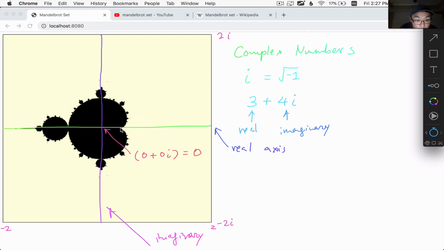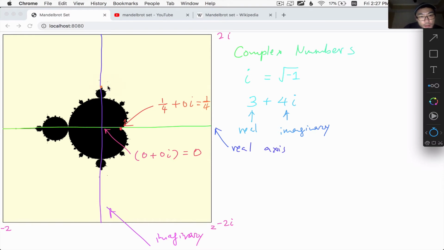Okay, let me give you a couple of other examples. This point right at the intersection of these two curves is actually the number 1/4. There's no imaginary component because it's directly on this center horizontal line, which makes it simply 1/4.